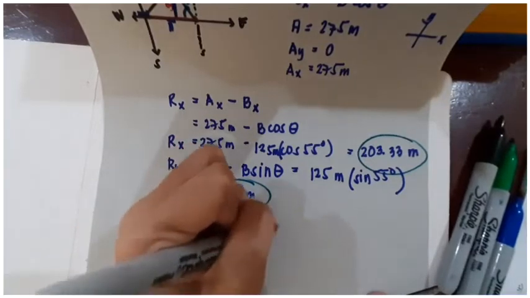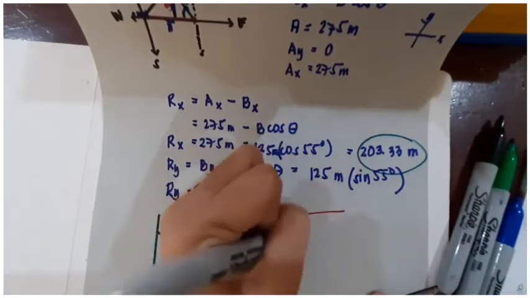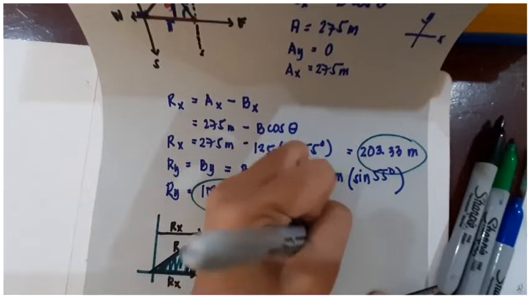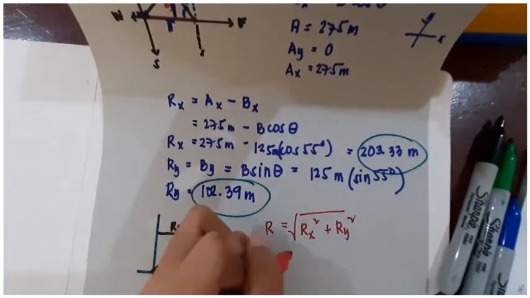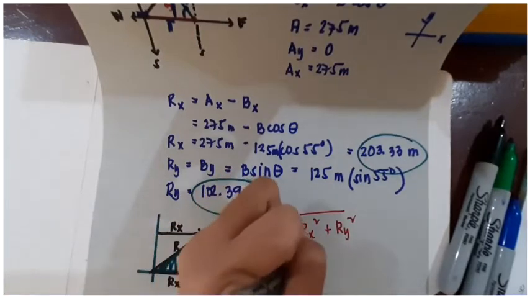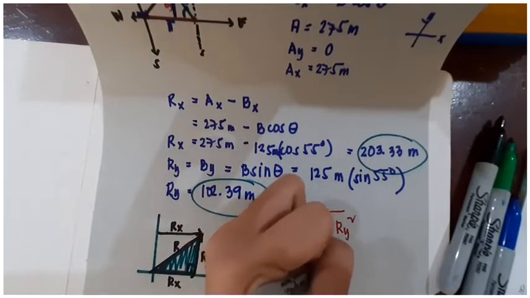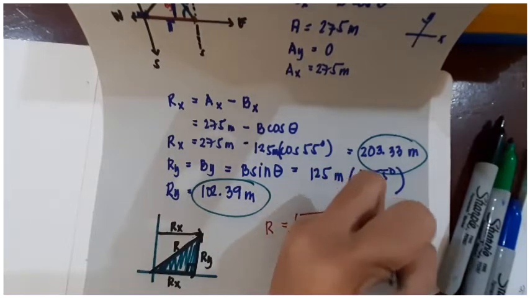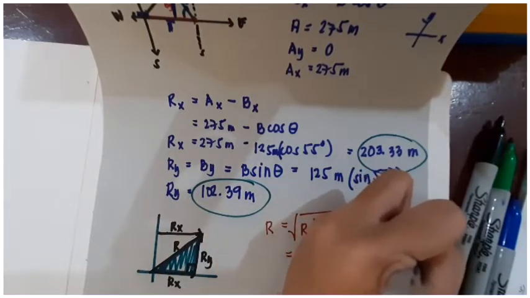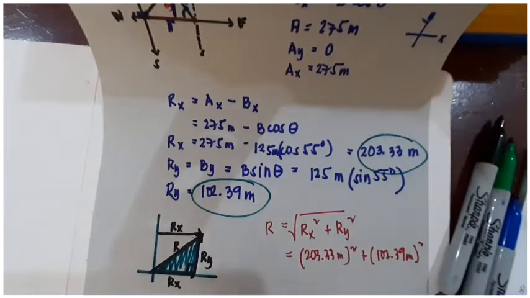So r is equal to square root of rx squared plus ry squared. Your rx is 203.33 meters squared plus 102.39 meters squared.